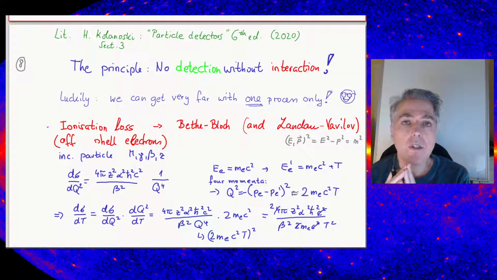And ionization losses are also something which can be dealt with in a rather simple way, in the sense that you want to calculate it. If you want to go into more details, it gets increasingly more complicated, but the complications come from matter-related effects.